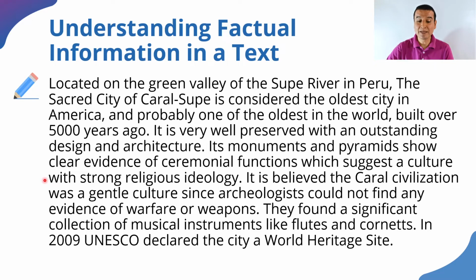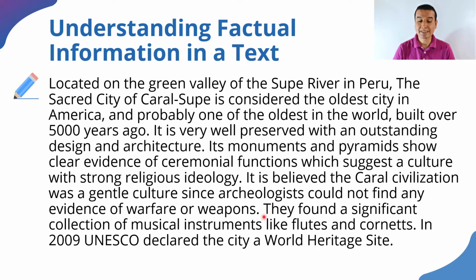Right? It is believed that the Caral civilization, some people say civilization, both pronunciations are correct, was a gentle culture since archaeologists could not find any evidence of warfare or weapons. Warfare is all the technology and all the practices involved in war. Weapons are tools that are used for causing, let's say, harm to other creatures, right?